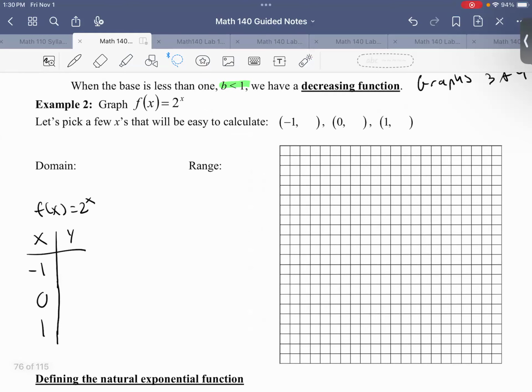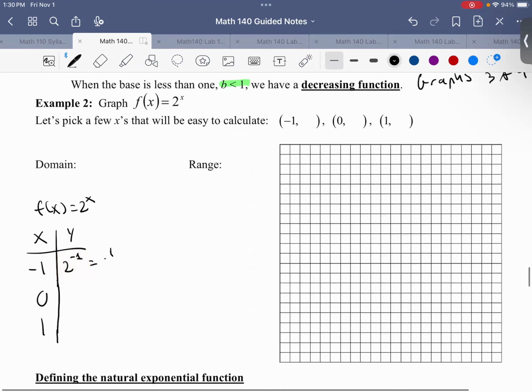So this becomes 2 to the -1. Well, I know that this -1, I can bring down this 2 to make the power positive. So this would be 1 over 2 to the 1, which is just 1/2. So I have the point -1 comma 1/2.